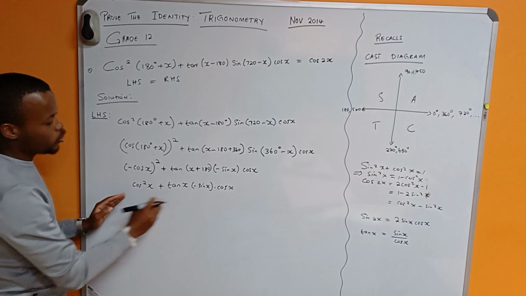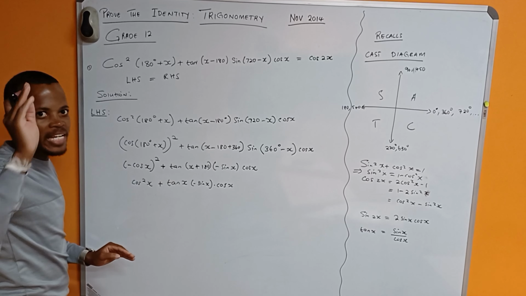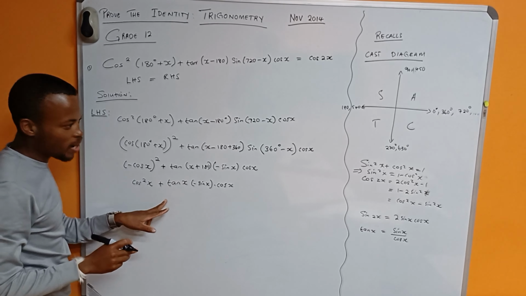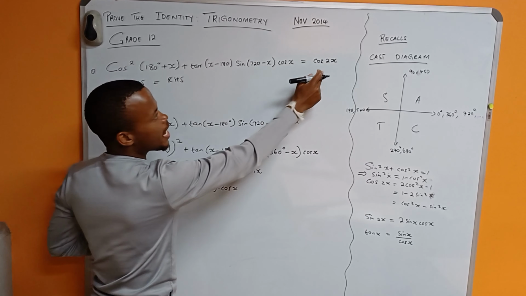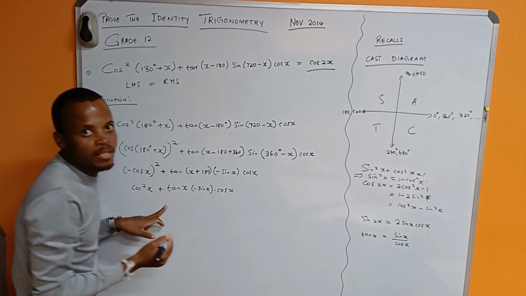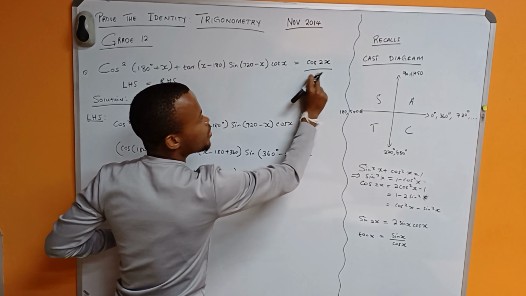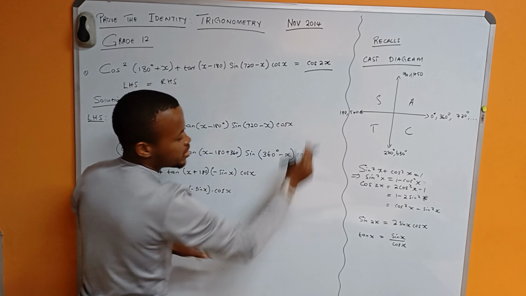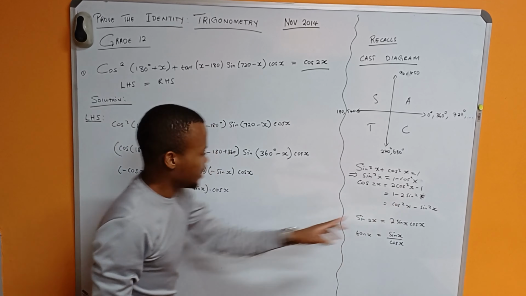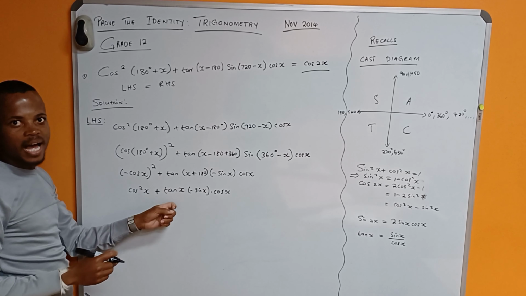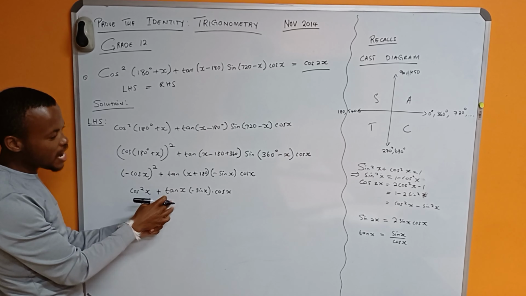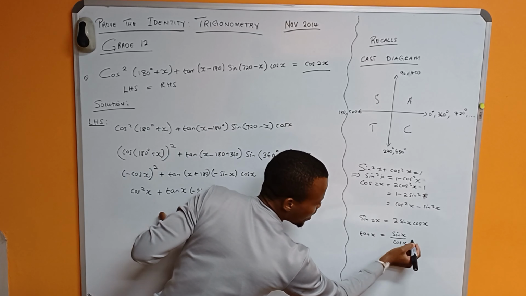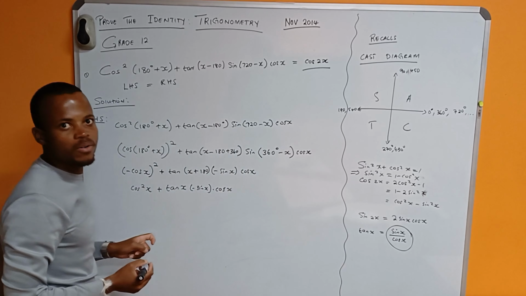You work with this having in mind that we are dealing with a double angle, which is cos. If you are working with a double angle which is cos, on these results there is nothing that involves tan. So you can change tan and write tan as sine over cos.